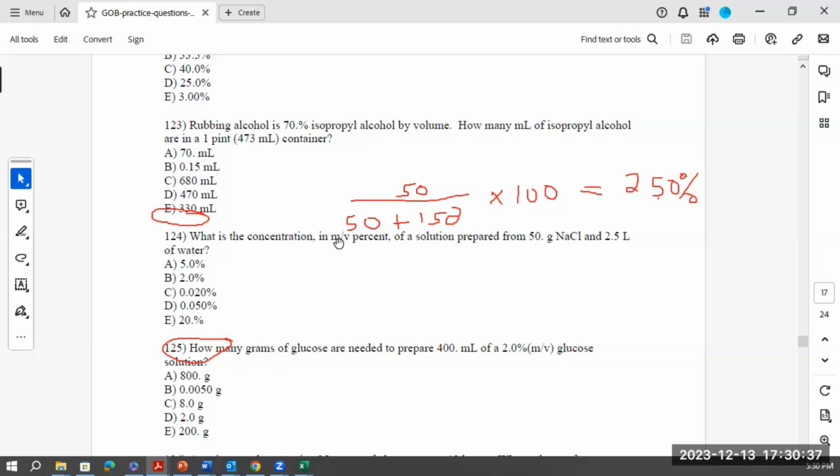But the thing is that it's typically grams per milliliter instead of grams per liter, so that's going to be important.